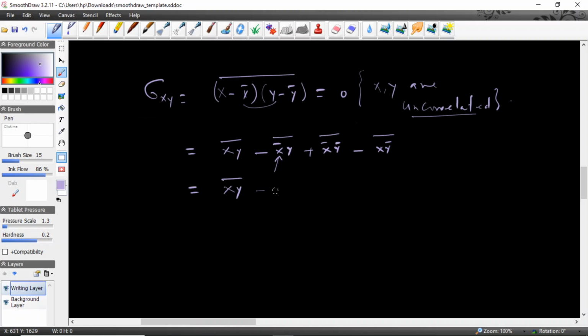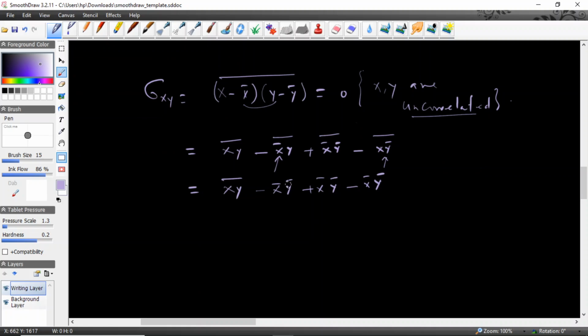What you get here is x bar y bar, plus x bar y bar, and again minus x bar y bar, because here y bar is a constant, it will come outside the expectation, you will get x bar.